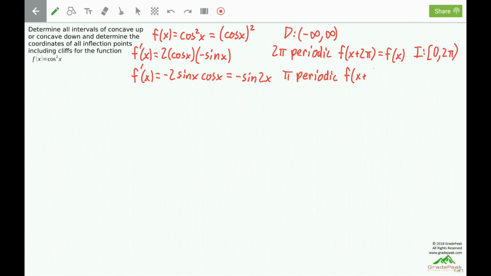Well, another way to write this is f of x plus pi equals f of x. So instead of working on the unit circle interval, we can now work on the interval starting at 0. It includes a square bracket up to pi. Does not include a round bracket. And we can extend the results to the entire domain using the pi periodic nature of sine 2x.